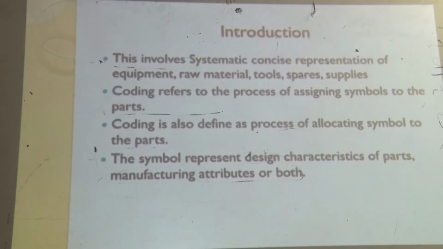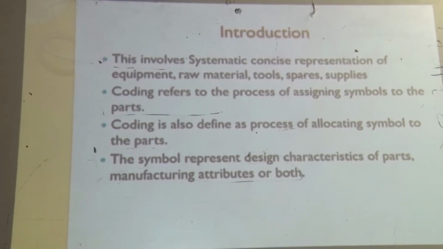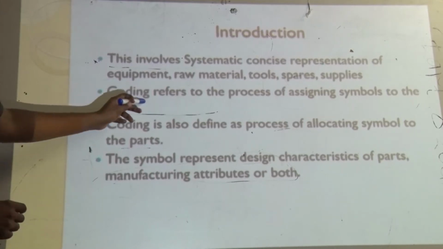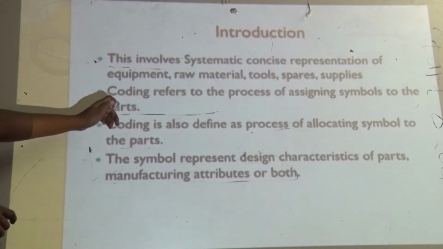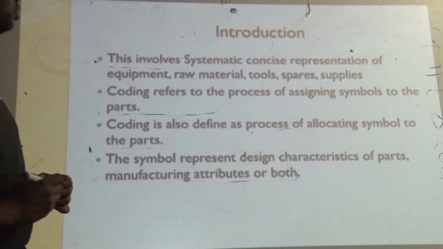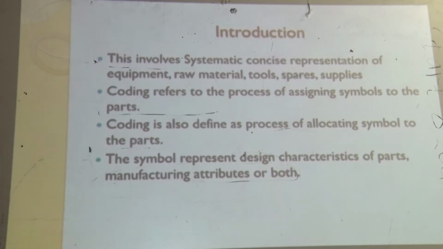So coding, by definition, is the process of assigning symbols to the parts. So when you're assigning symbols to the parts of the organization or materials of the organization, that process is referred to as coding. Coding can also be defined as the process of allocating symbols to the parts.